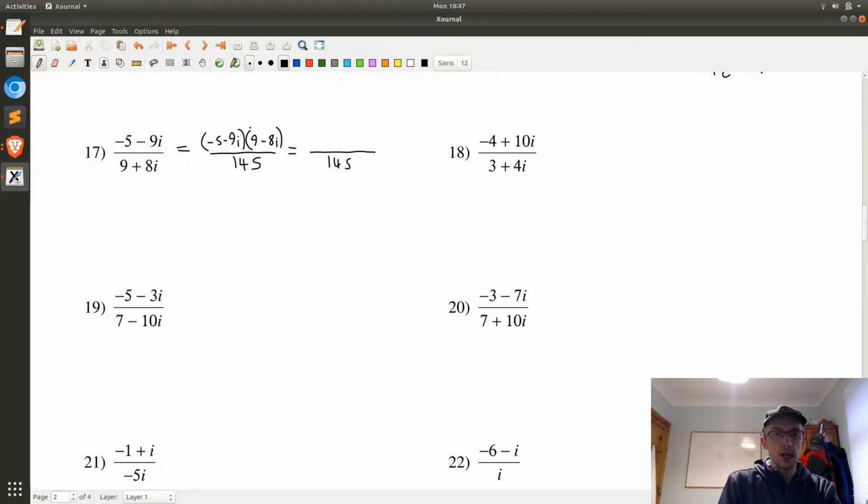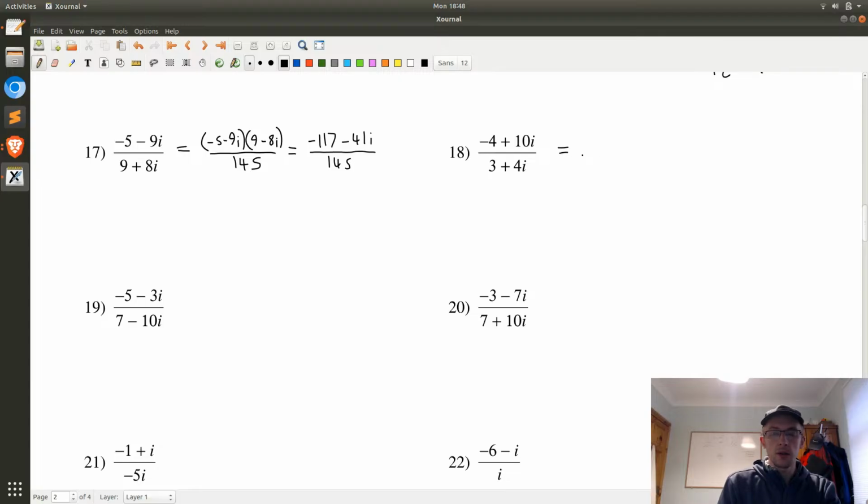So minus 45 take 72. Minus 45 minus 72 is minus 117. And then the imaginary part, 40 take 81, so minus 41. And that will do.